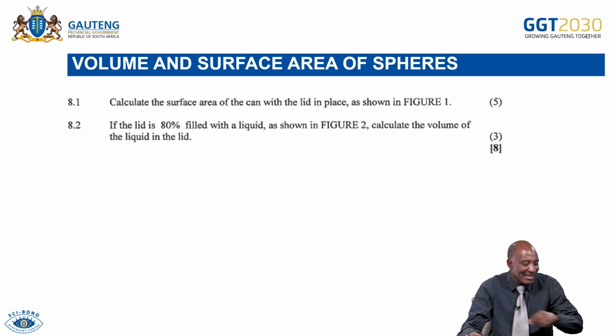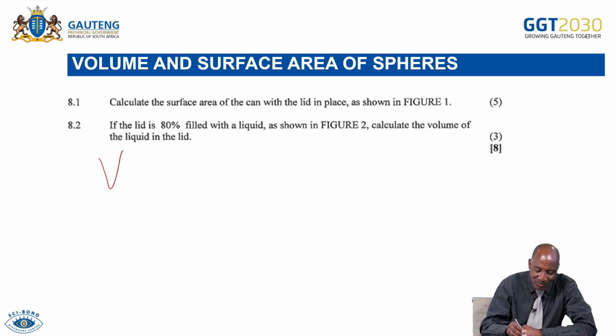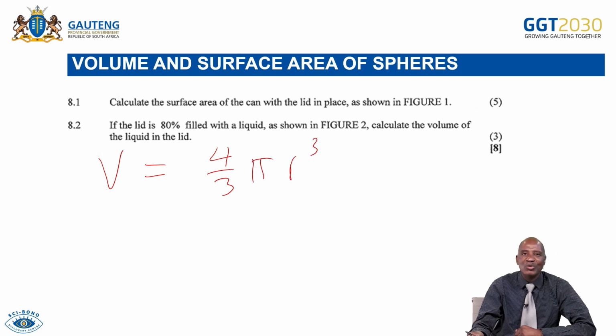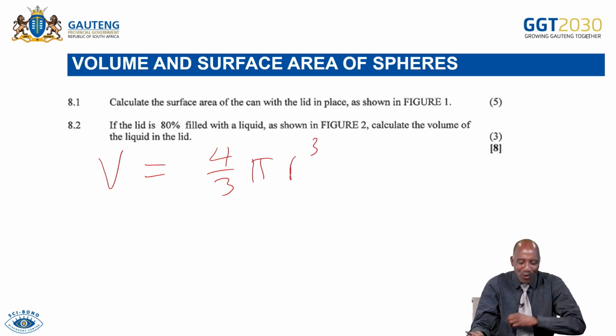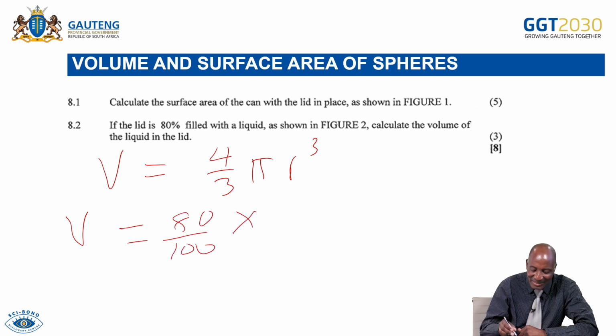How do you determine the volume of the liquid? Remember, the volume of a sphere is given by 4/3 pi r cubed. But today I'm dealing with half of it and it's 80% full. So the volume of the liquid is going to be 80 over 100, multiplied by half. Why half?